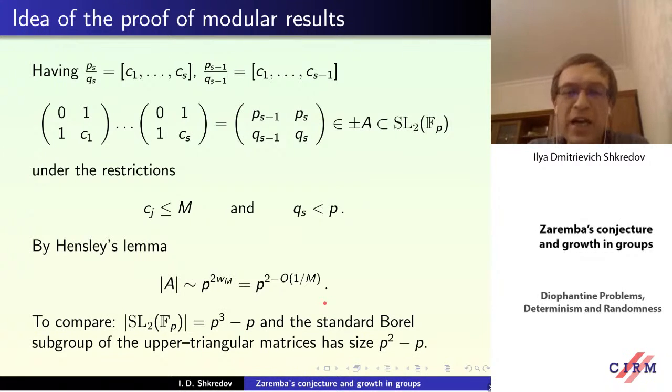So A is large, but not so large. To compare, the size of SL2 is p cubed, and the size of our standard Borel subgroup is p squared. So A can live in some Borel subgroup.